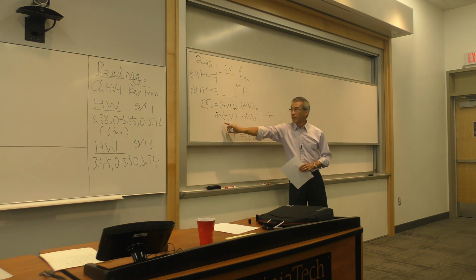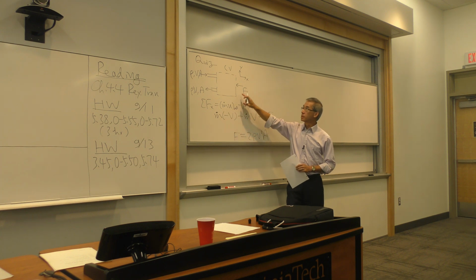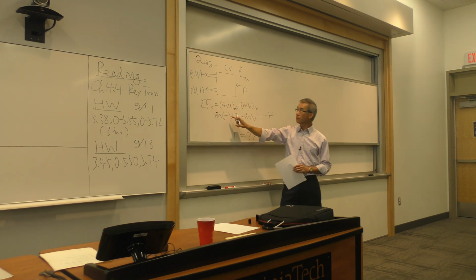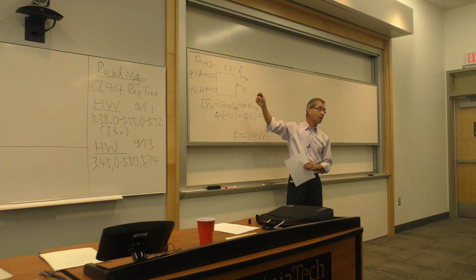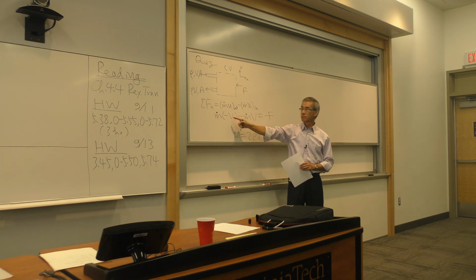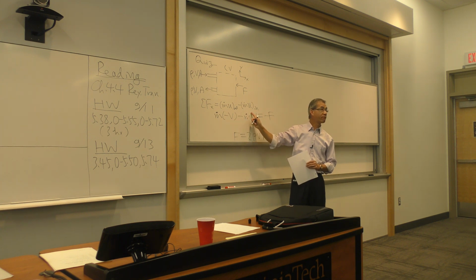So as such, I have M dot out, which is this station. Velocity is pointing opposite to plus x, so it's minus V. Do you see it? This minus sign represents the incoming momentum flux.